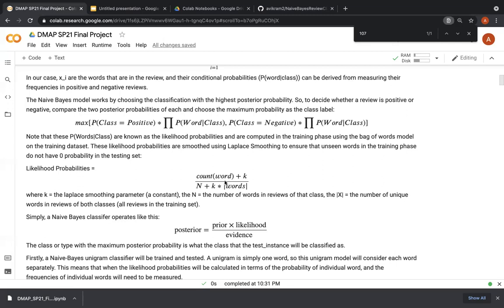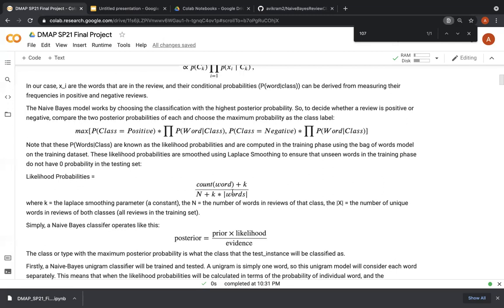So let's continue talking about the naive Bayes model. Let's note the fact that the likelihood probabilities are calculated during the training phase. This is very important. They're calculated in the training phase, not the testing phase.